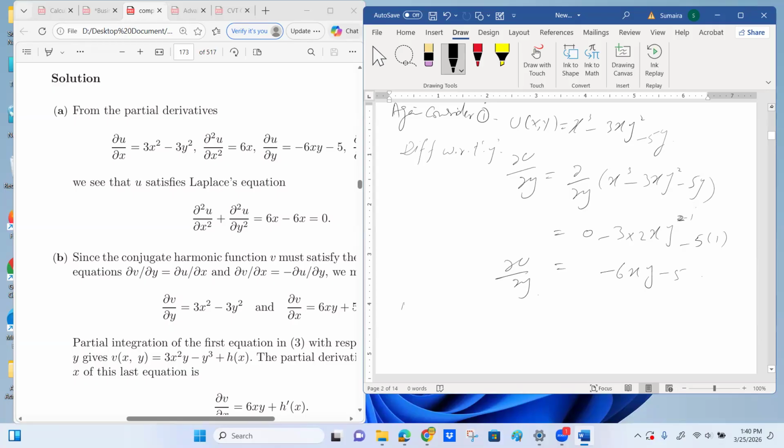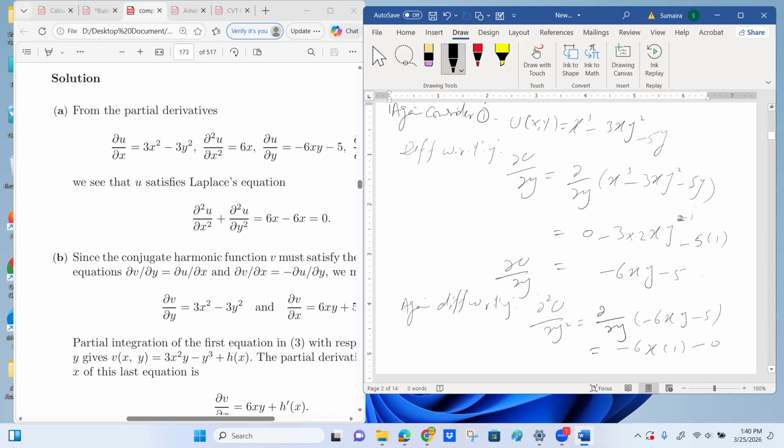So again differentiate with respect to y. Partial square u by partial y square is equal to partial by partial y of minus 6xy minus 5. This is equal to minus 6x into 1 and minus 0.